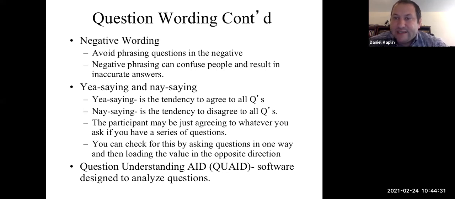Interesting, right? You take that study and that word or that item can be flawed. So really you want to think about your wording. Now, I'm going to skip yay saying and nay saying one more time and talk about software programs. There is something called the Question Understanding Aid, which is a software program that is designed to analyze questions for some of these problems.